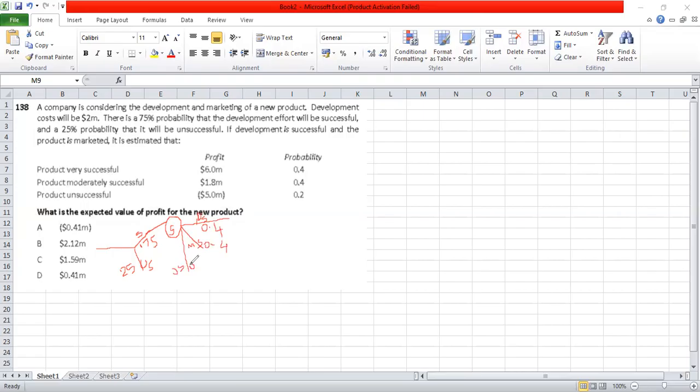After this, we also have to look into the cash flows. The cash flow in case the product is successful is 6 million, this is 1.8 million, and finally we have minus 5 million.